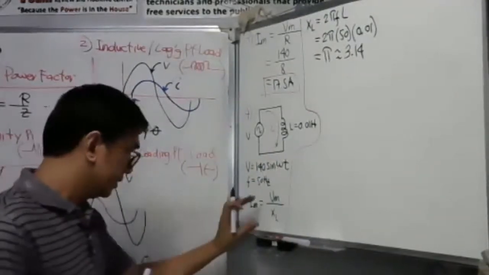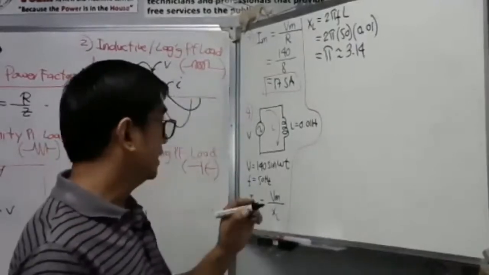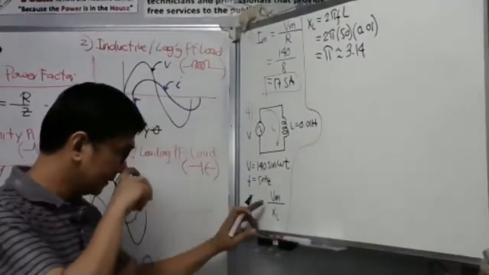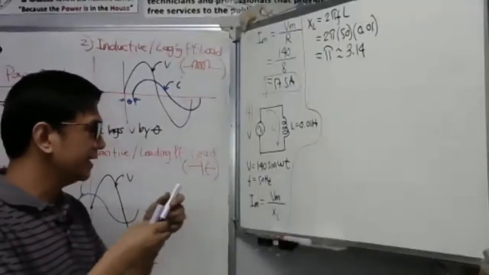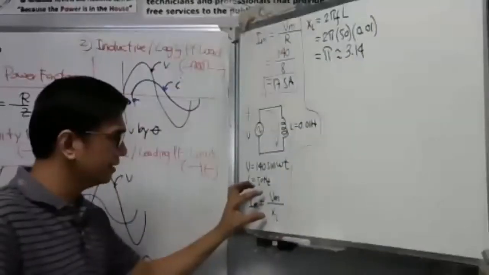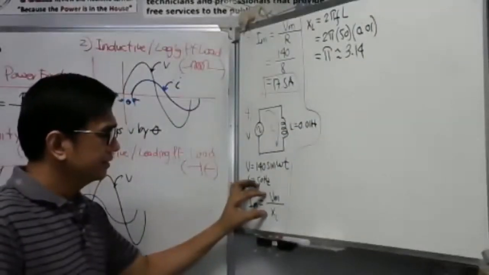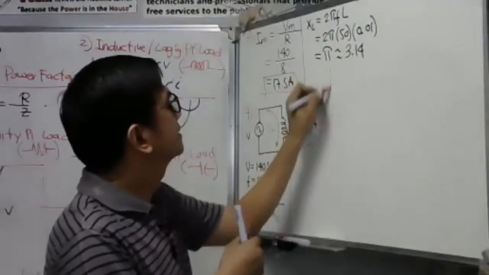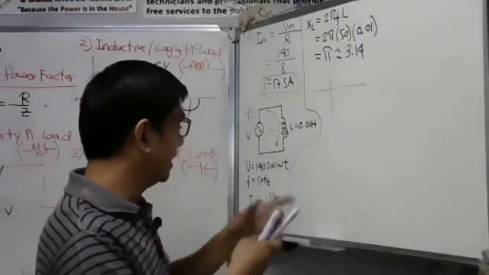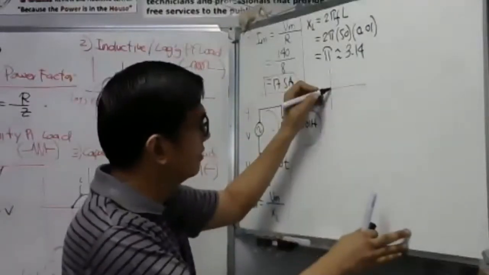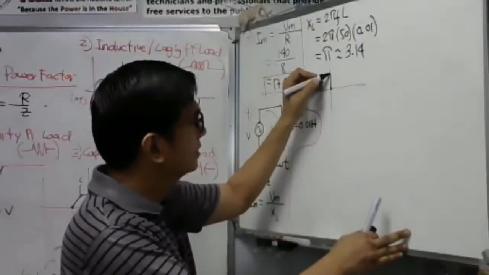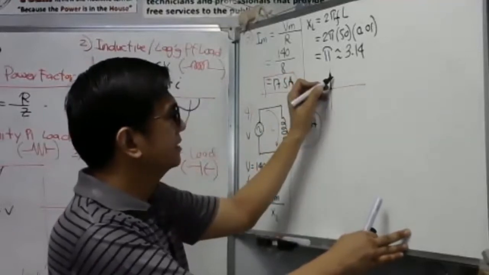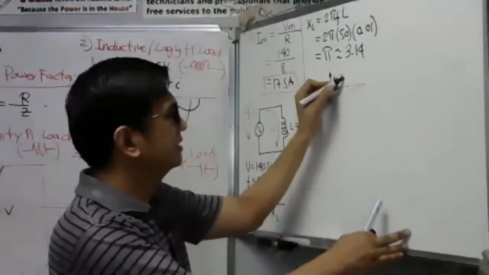Okay, now, we have here our X sub L. Again, we said that our X sub L is above, no? In the Cartesian plane, our X sub L is always above. That is actually positive j X sub L, isn't it?